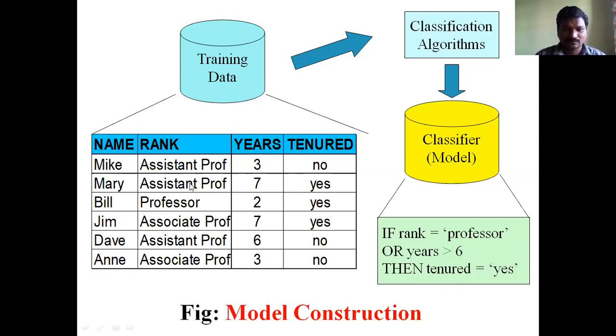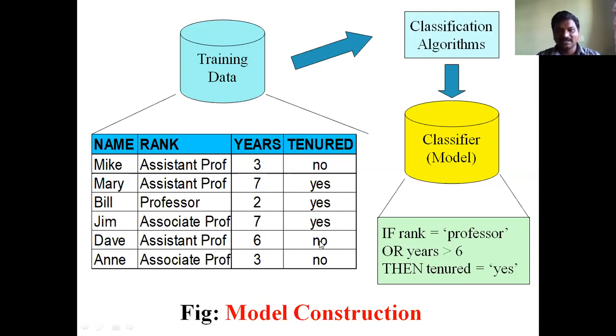Similarly Mary, assistant professor, 10 years, yes, tenured. That means will you get the promotion or not. Then Bill, professor, 2 years, yes. If you have 2 years of experience, he is eligible for tenure. Then Jim, associate professor, requires 7 years, yes, he is tenured. Here an associate professor with 6 years of experience has no tenure.